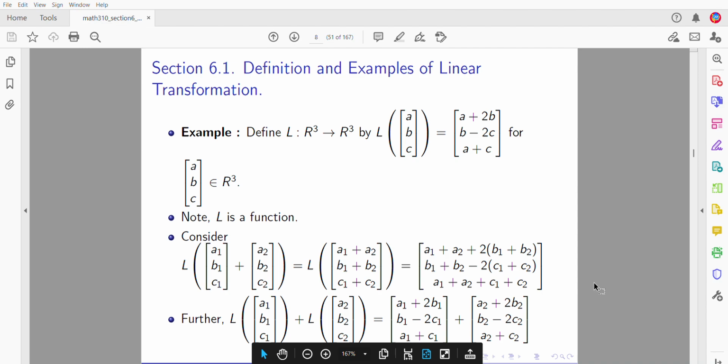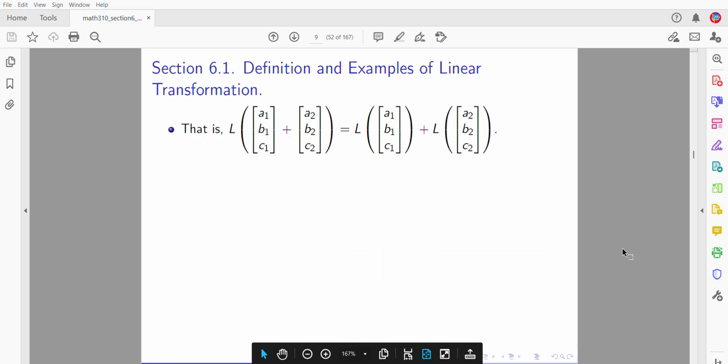If I add these, don't I get this? Indeed we do. So L of (a1, b1, c1) plus (a2, b2, c2) is L of (a1, b1, c1) plus L of (a2, b2, c2). That is, L respects vector addition.